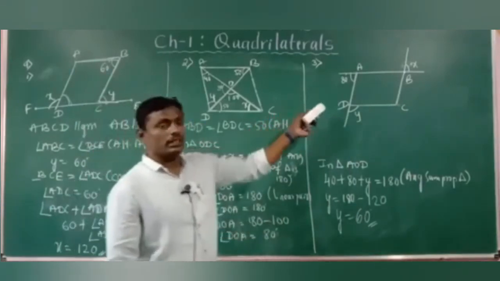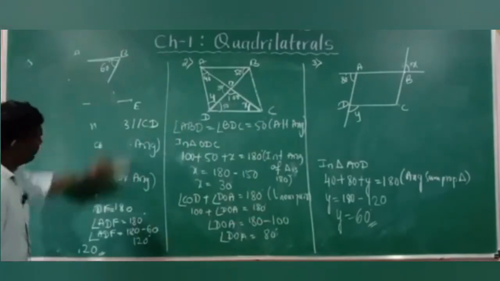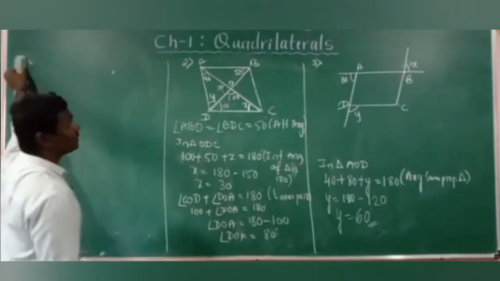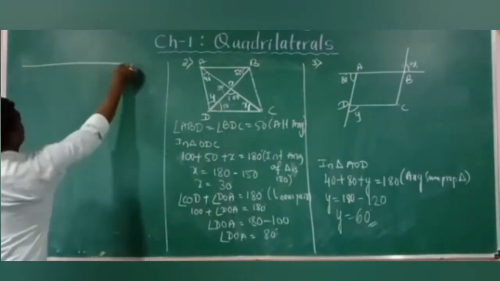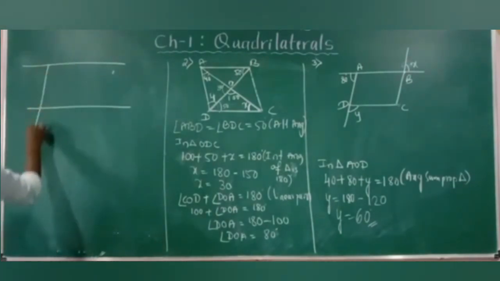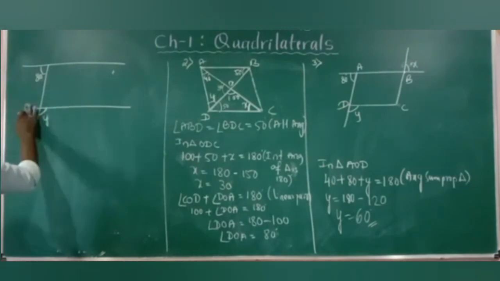Now see the third question. The first question is already completed, no? In the third question, what is given? ABCD is a parallelogram. This one is y and this angle is 80 degrees, right?